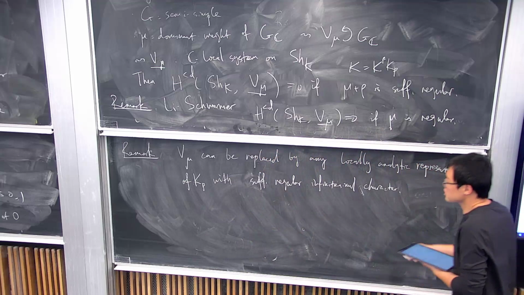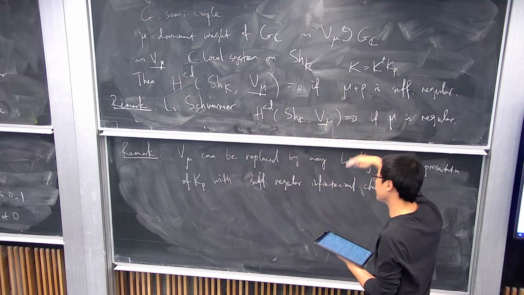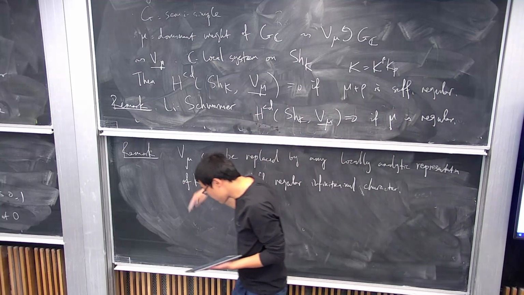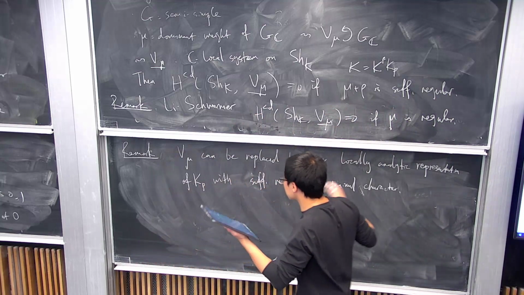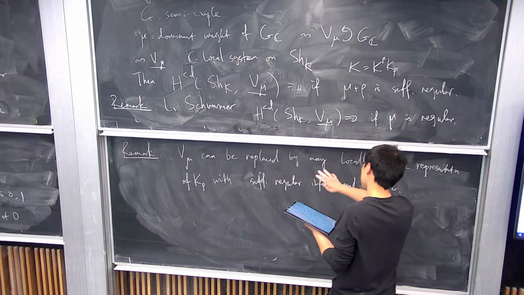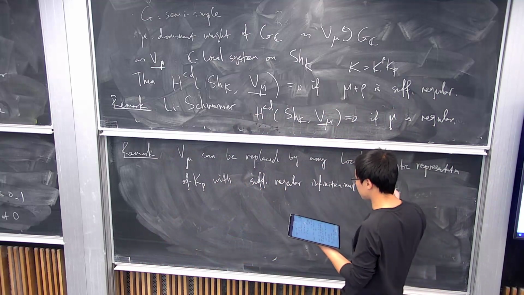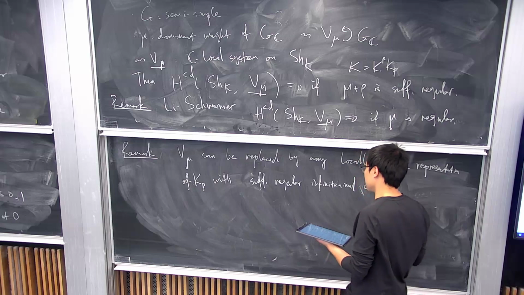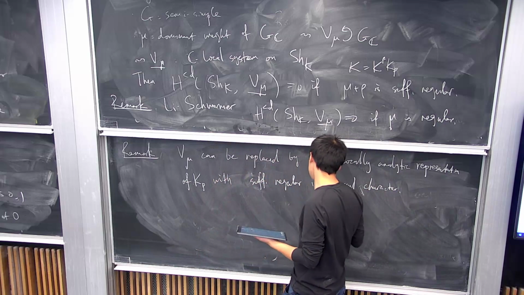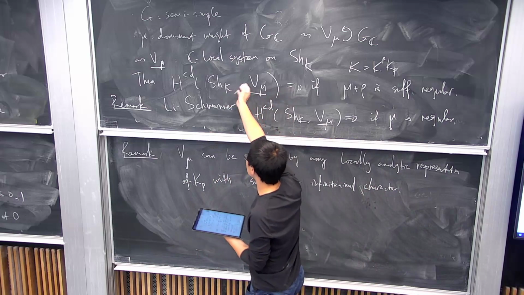When you vary the level at p, you get K_p, and so for any continuous representation of K_p, you can attach some very huge local system on your Shimura variety. I was just saying that if this representation is locally analytic, meaning that first it's a Banach space representation, and then all the vectors are locally analytic, and it has an infinitesimal character, and I assume it's sufficiently regular, then you have the same vanishing result.